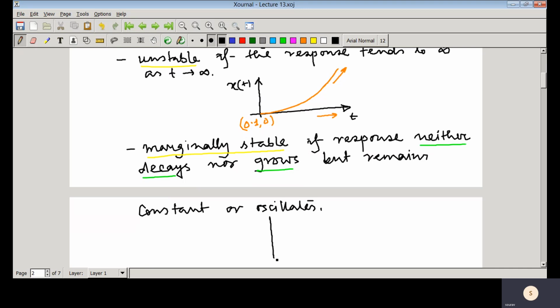So if we draw a typical response, suppose this is the time t and you have x(t) here, suppose you have some initial condition, and then it might happen that it remains constant, or it might happen that it oscillates. So this is the typical response of a marginally stable system.